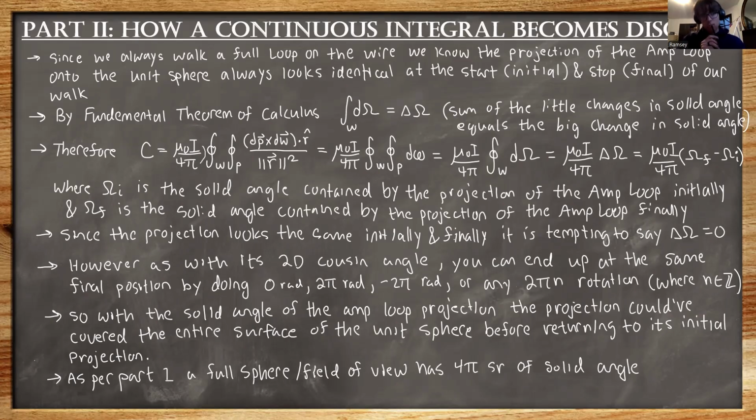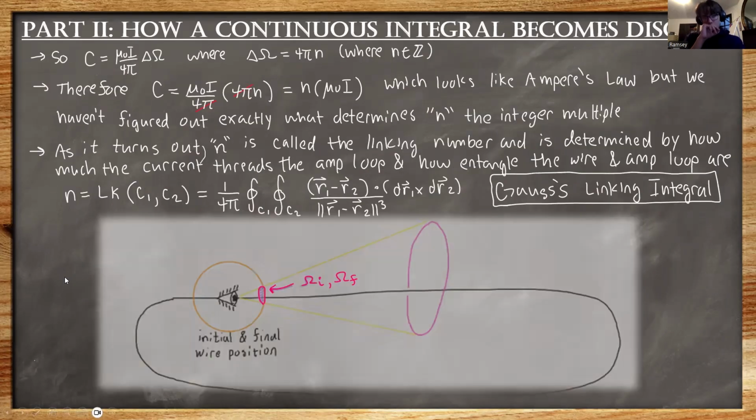With solid angle, we have 4 pi steradians of solid angle. The reason being that the surface area of a sphere is 4 pi r squared. And if you divide out the radial dependence, which is what we do when we care about apparent size instead of true size, we divide out r squared because apparent size scales as 1 over r squared. So we divide that out.